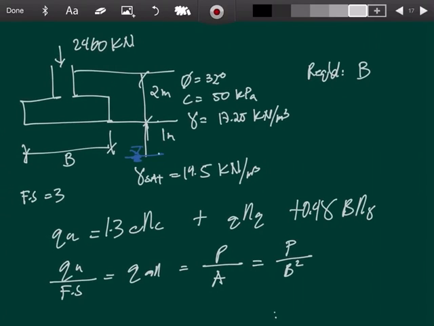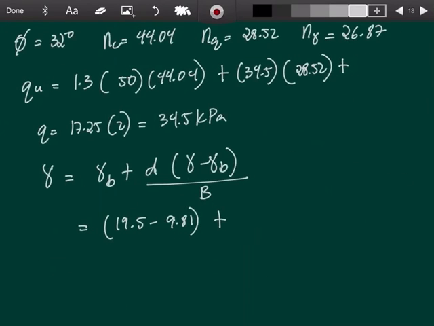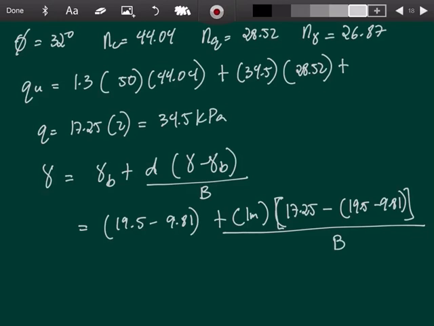Ito yung D natin, this is the distance D. So that is 1 meter times gamma. Ano yung gamma natin? That is gamma dry 17.25 minus gamma buoyant, which is 19.5 minus 9.81, all over B. That is unknown.